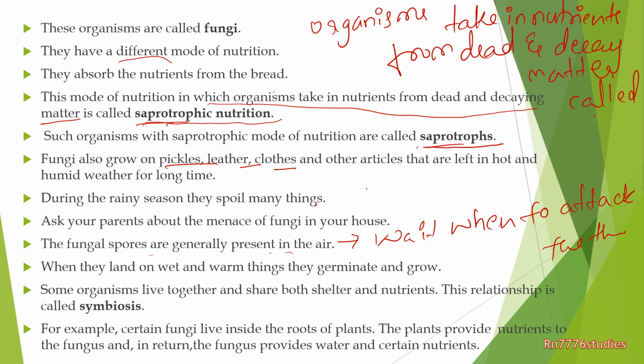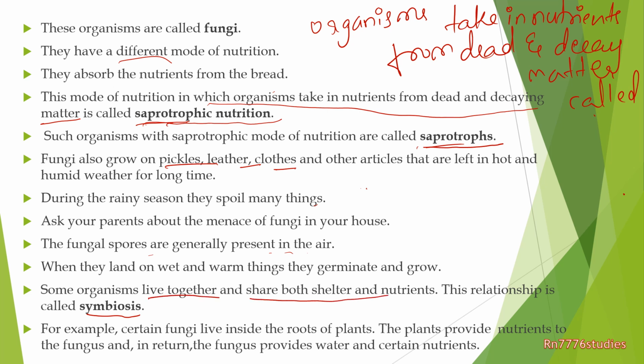Some organisms live together and share both shelter and nutrients. The relationship is called symbiosis. Symbiosis means sharing. For example, take siblings.